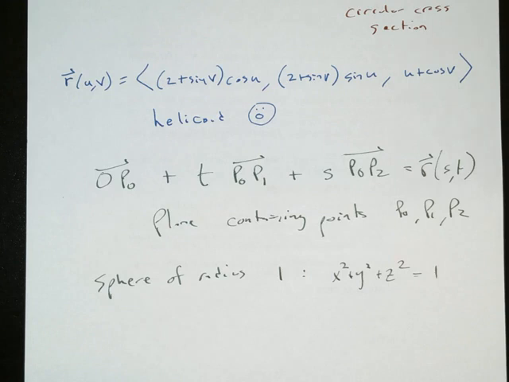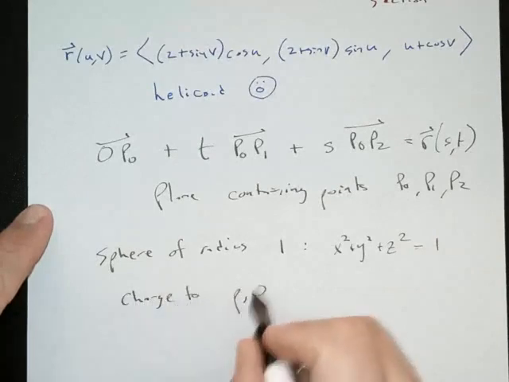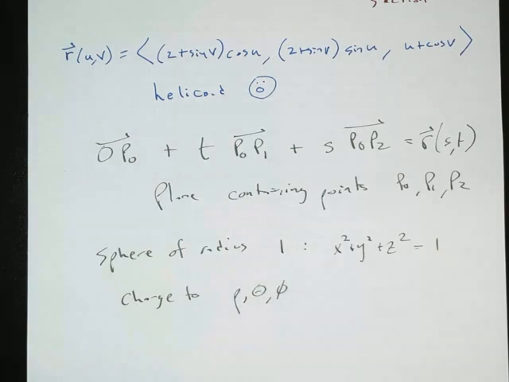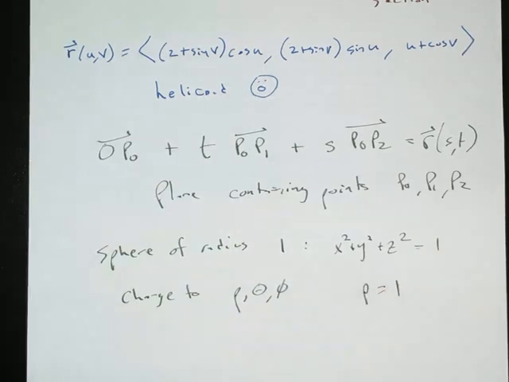I am going to think differently. I am going to change my perspective. We have another coordinate system. Let's do this in spherical coordinates. In spherical coordinates, this is the easiest equation on the face of the planet. Rho equals 1.